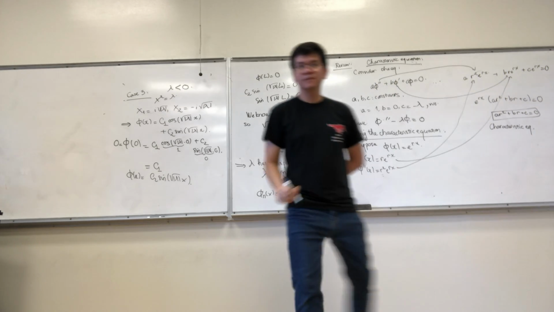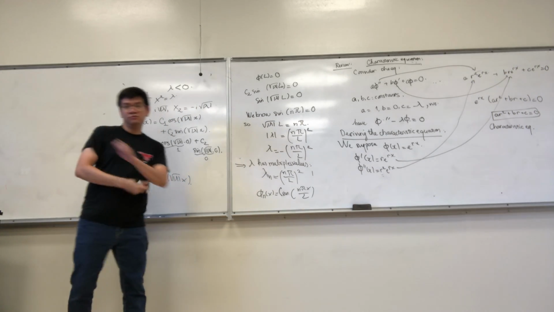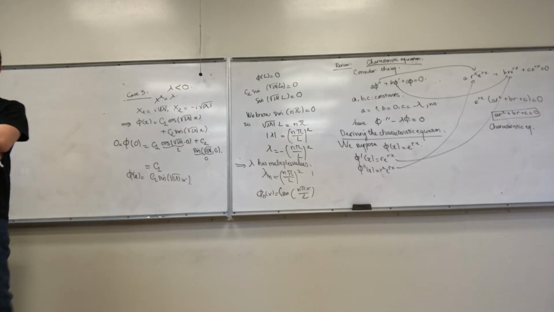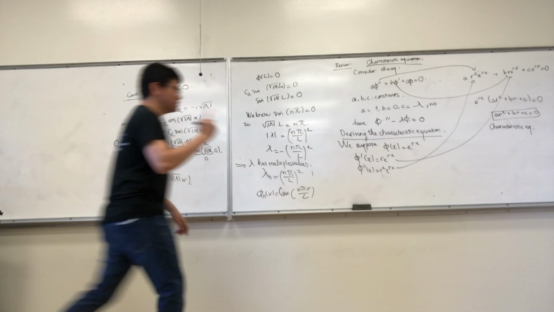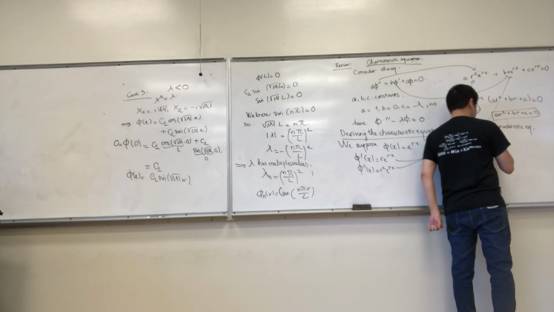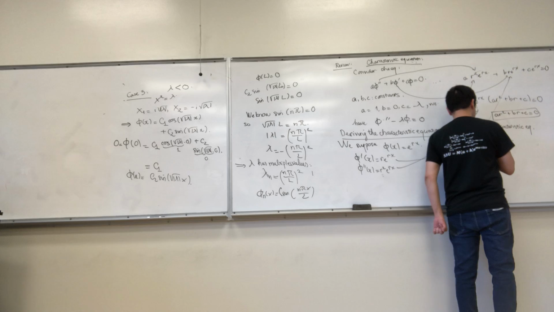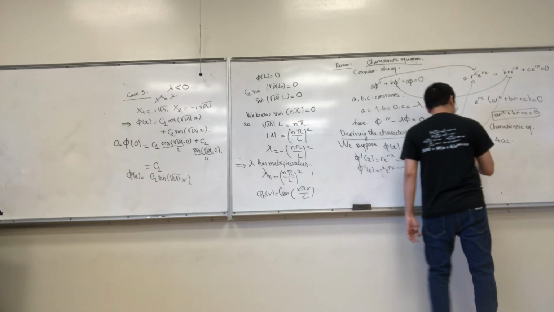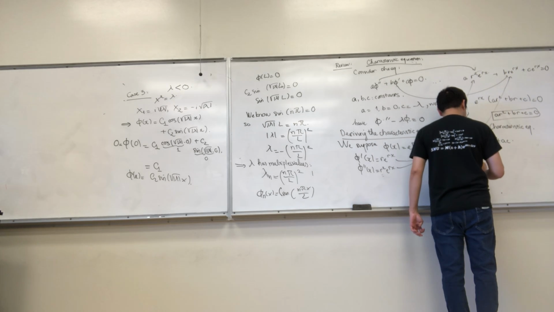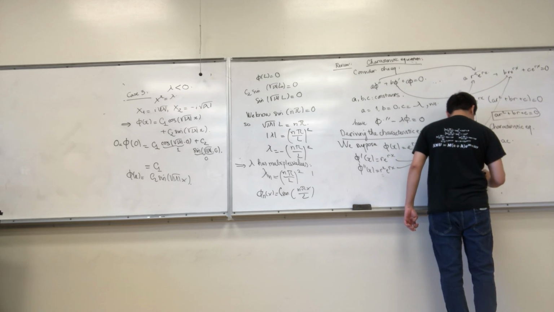How many roots do you have for a characteristic equation? 2. But how many cases do you have? 3. So you consider b squared minus 4ac. This is the delta. You're going to have 3 cases: delta is positive, delta is 0, and delta is negative.